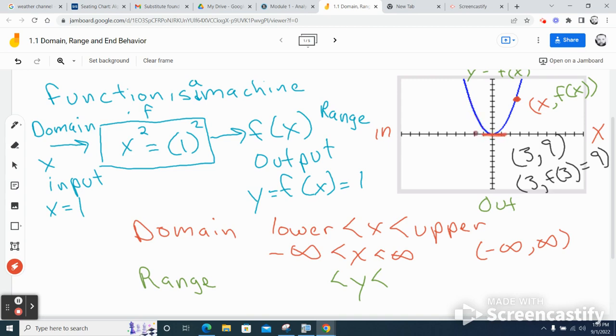I'm never going to have a y value on this curve less than 0. That's the lowest it goes down. So my lower bound is 0. Can I include 0? Yeah, because this point on the graph is x equals 0, y equals 0. So that means we can include the 0.